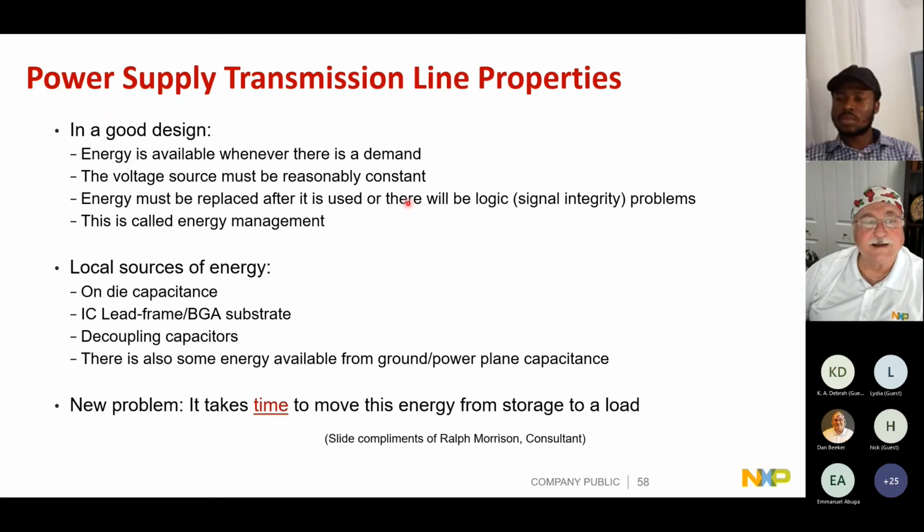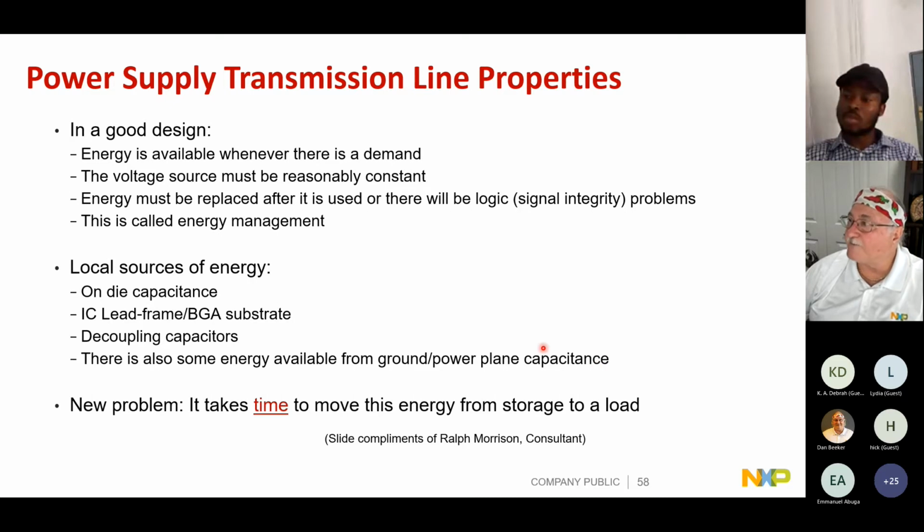So power supply is the next thing you've got to worry about. Where does the energy source need to be? It's basically defined by the distance between the switch and where this energy is at. So it starts on the die, then there's some energy stored in the package itself, the closest decoupling capacitors, and then finally you get to the power supply.